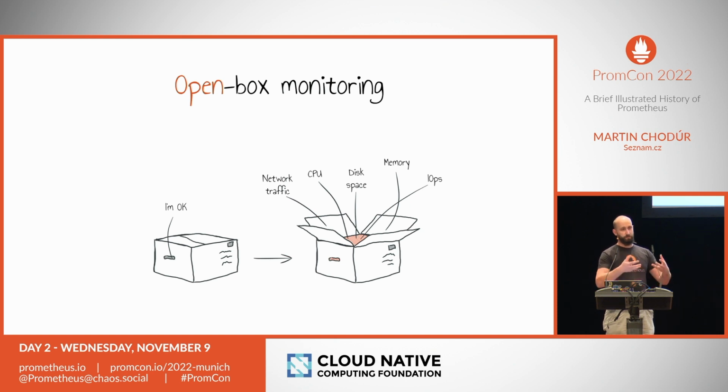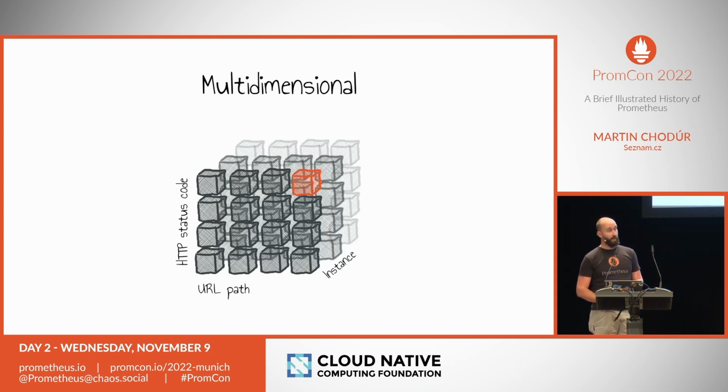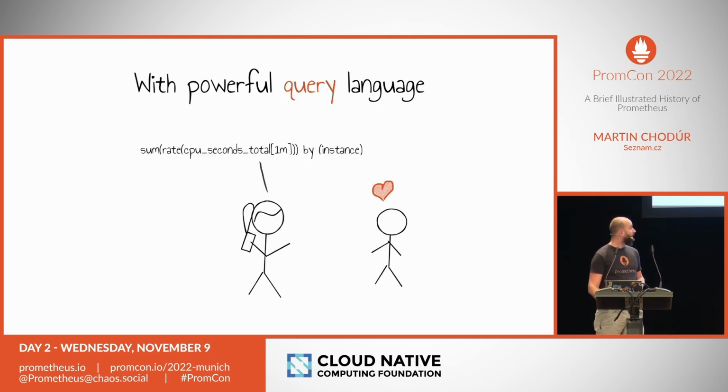It gives you raw data, not just "I'm okay", but you know what's happening in there. And the multi-dimensional model using labels allows you to aggregate data as you wish on the fly. And also a powerful query language, PromQL, which is loved by some, hated by others, but yeah, it's powerful. I personally like it.